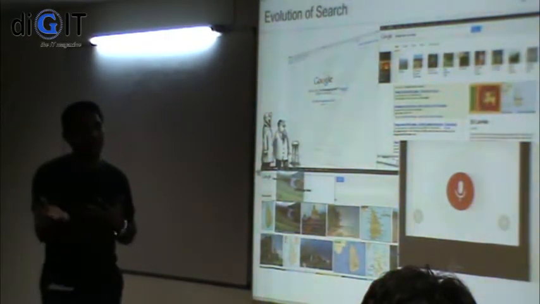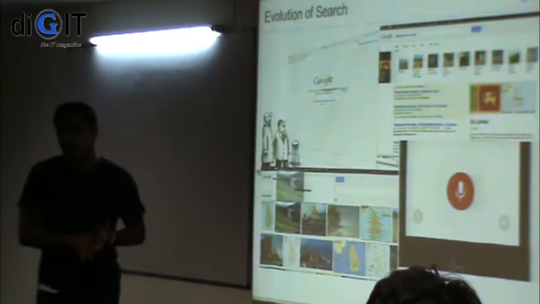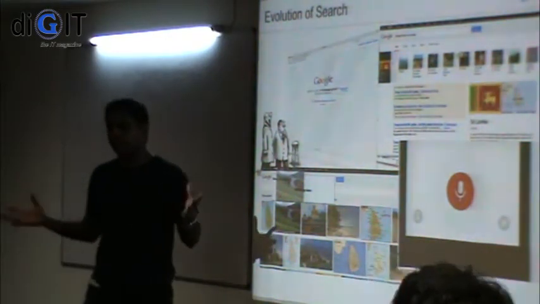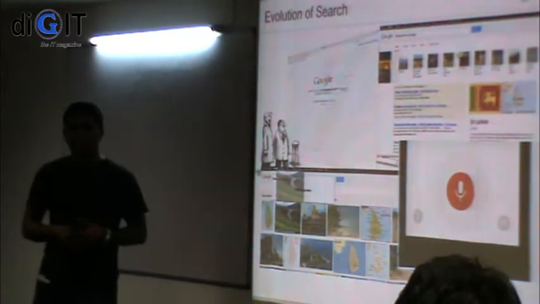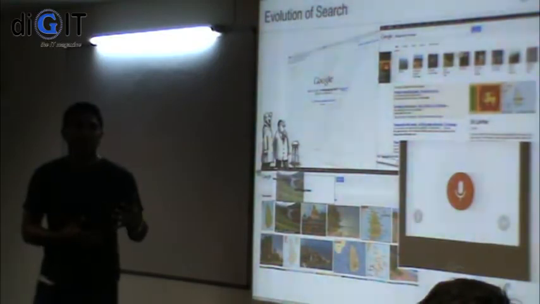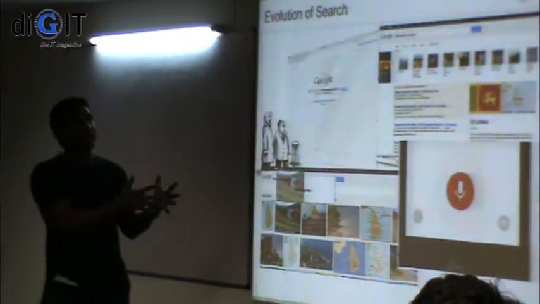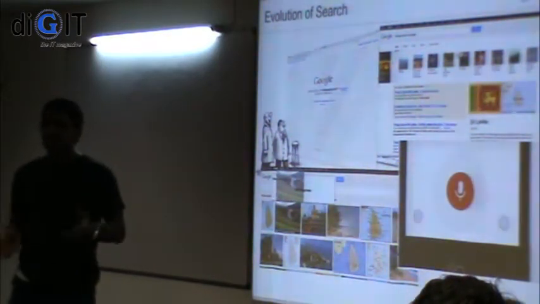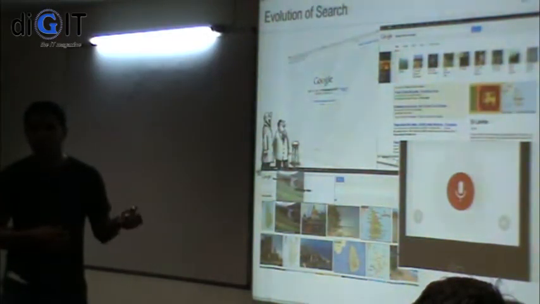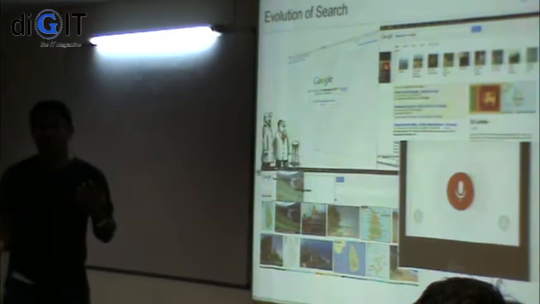About a year and a half ago, we acquired a company called Freebase. They had this database of entities and their relationships to each other. From this data, if we know that your query is asking for tourist attractions, we can look at this database and say, give me all entities related to Sri Lanka through the predicate tourist attractions.